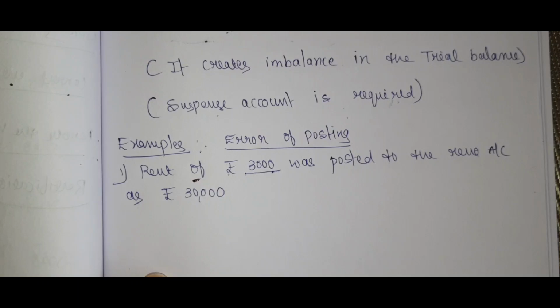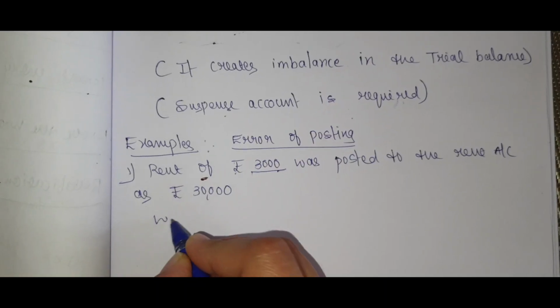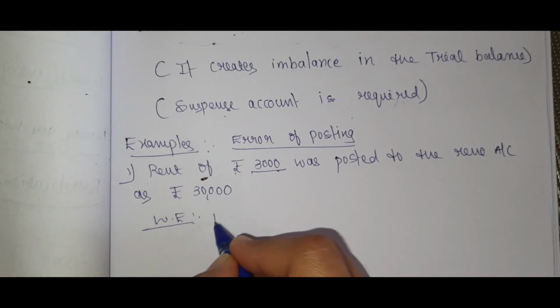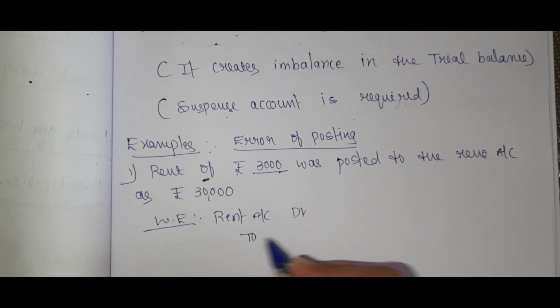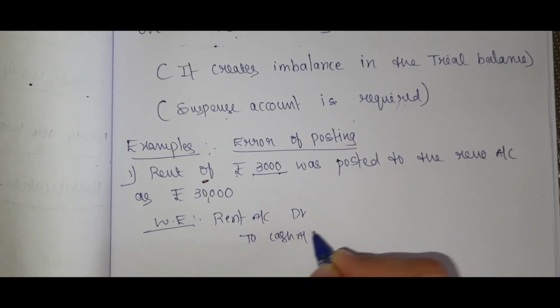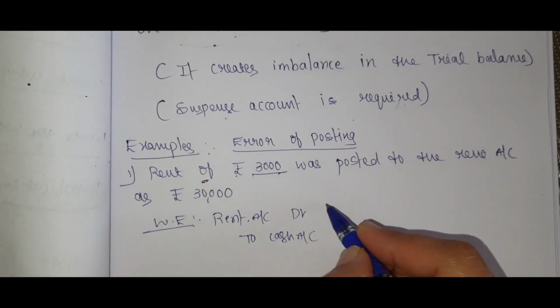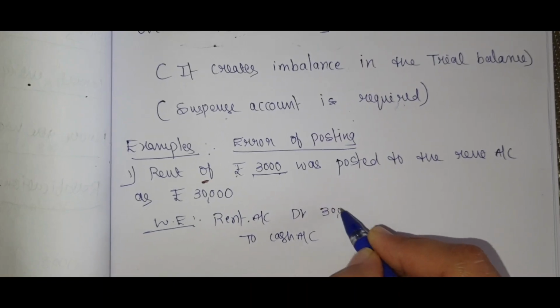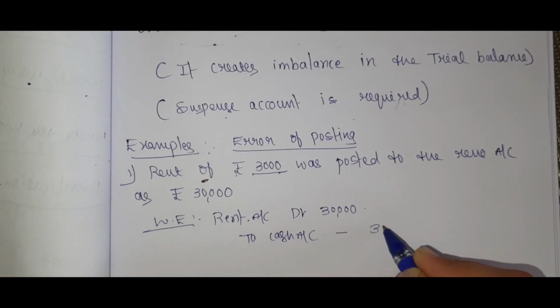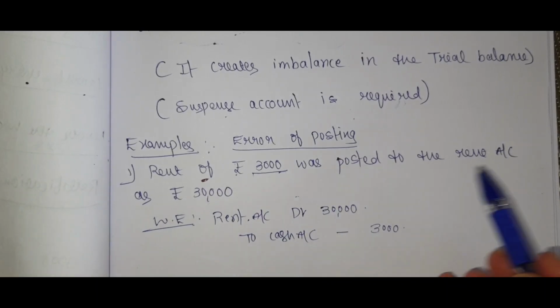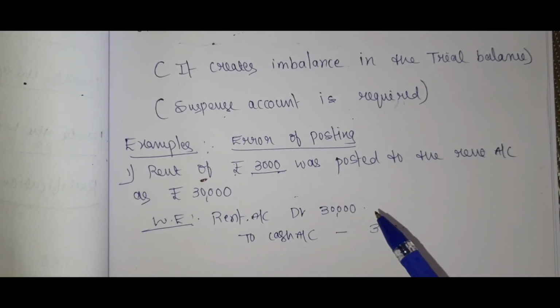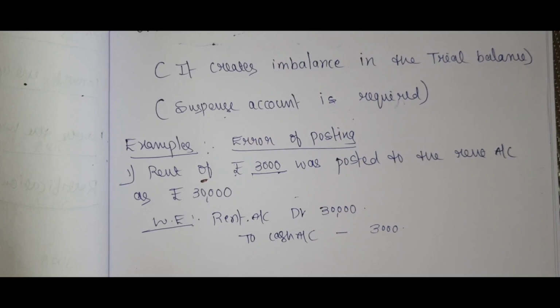Wrong entry is rent account debit to cash account. But here the rent account was entered as rupees 30,000, while the cash account is correct. They have not mentioned anything about cash. Only the rent account is incorrect here, which means it is a one-sided error.